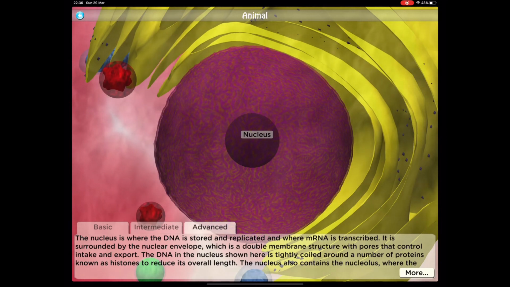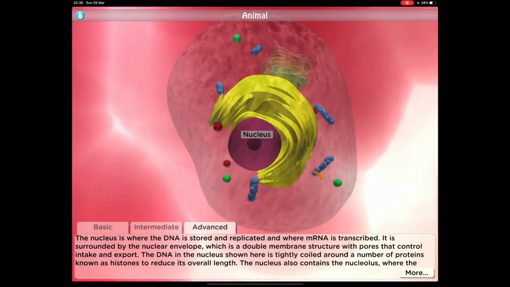It controls cellular activities. Mitochondria provide the energy for cellular activities. The nucleus is the control center of cellular activities.